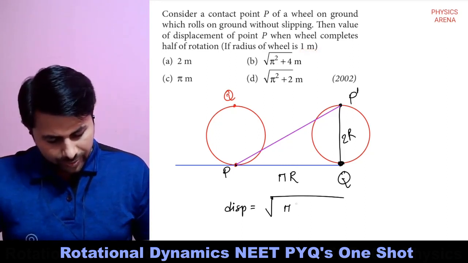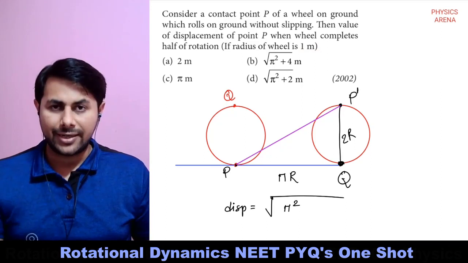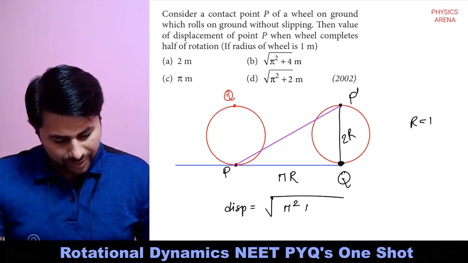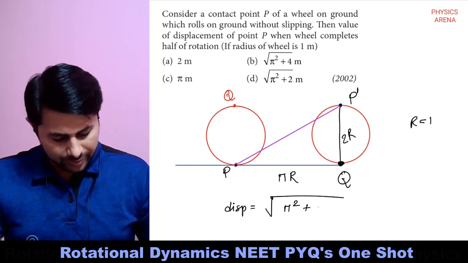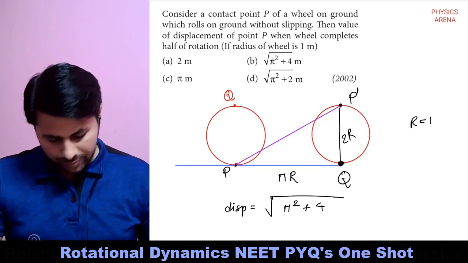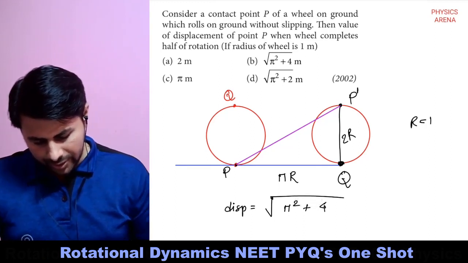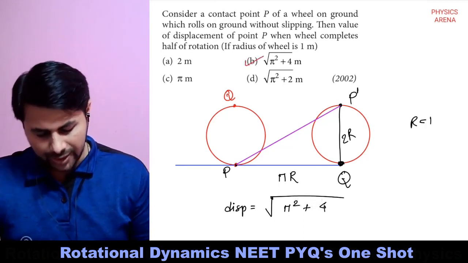So it is the square root of pi squared plus 2 squared, that is 4. Okay, so this is the answer. Option B is the answer.